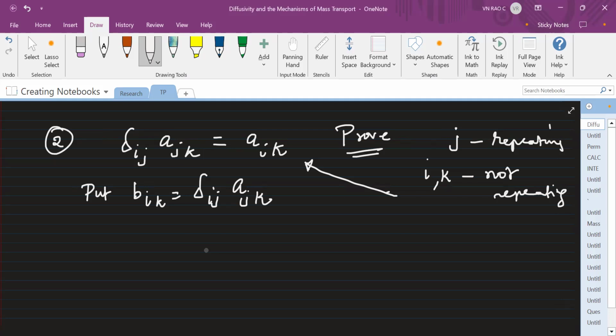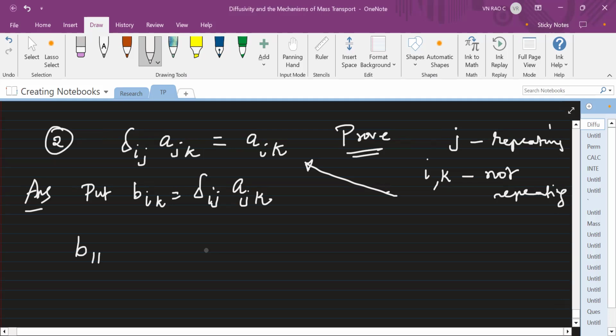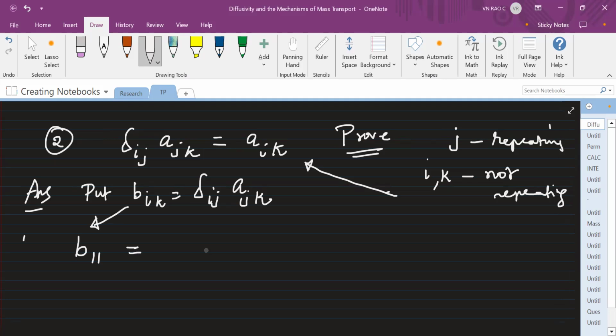So first of all, let us keep bik equal to the left hand side, delta ij ajk. This is the number one observation, or we will start with this particular quantity. So what we take now is b11. That means i is taken as 1 and k is taken as 1. So what will happen to this?